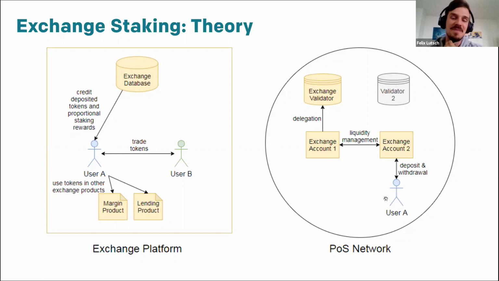And then what the exchange can do is, you have these two accounts potentially, or likely more, and you can manage the liquidity between these accounts and only delegate from one of these accounts a portion to the validator, and then share these staking rewards with the users that deposit tokens on your exchange. So essentially, you can just credit them in your internal database with some portion of the rewards, and when they want to withdraw, you actually get them the tokens, right?